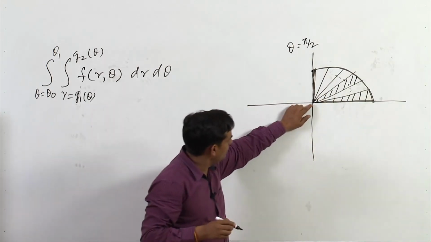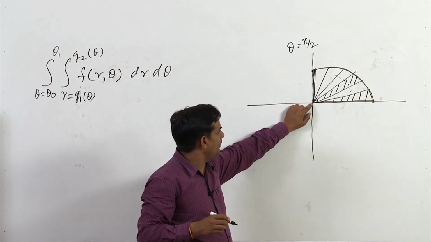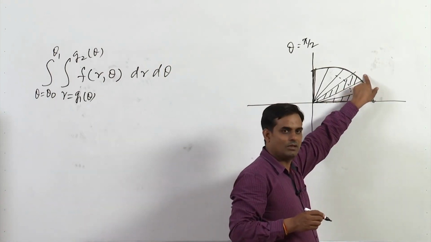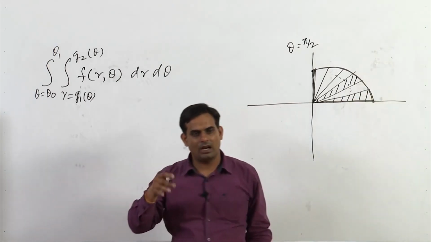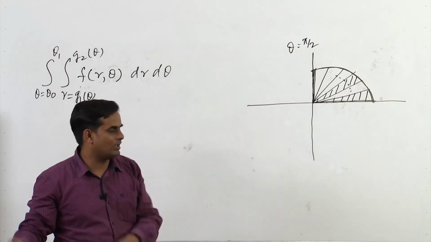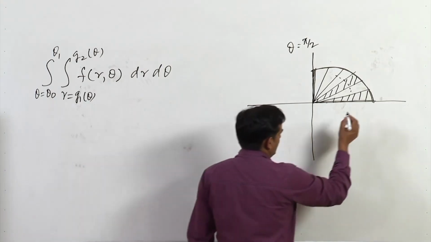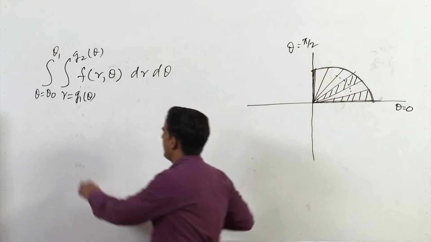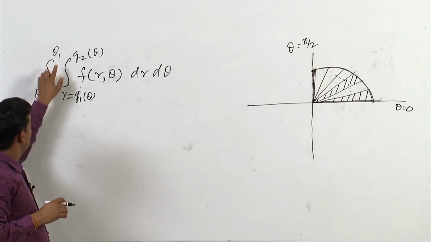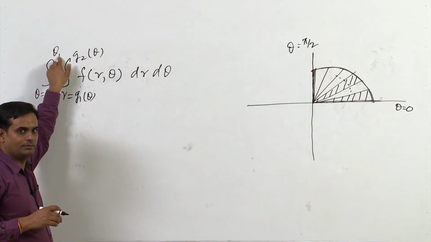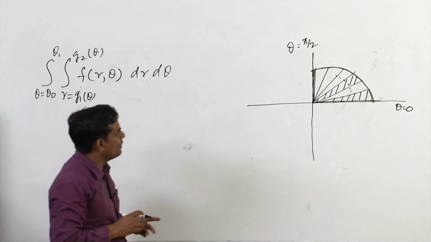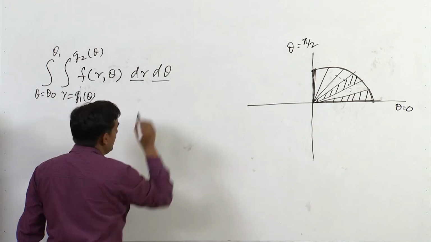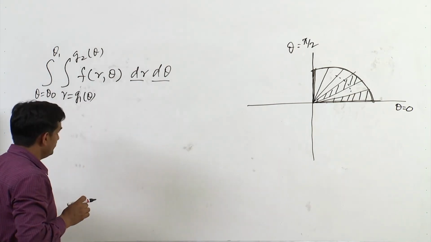So, there is the lower value of r and the upper value, because this curve will be some curve of r equals some function of theta, and it will start, in this example, let us say theta equals 0 to pi by 2. So, theta 0 will be 0, theta 1 will be pi by 2. So, this is the way when you are using the order first dr and then d theta.